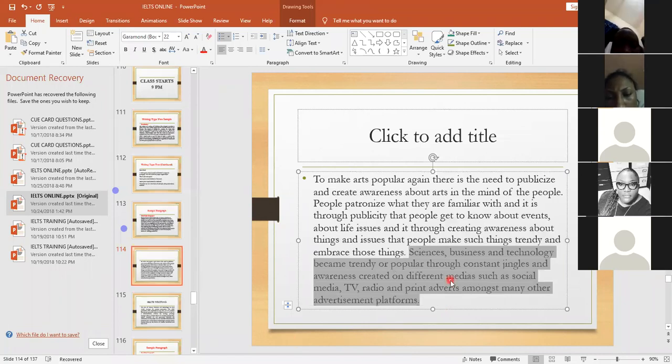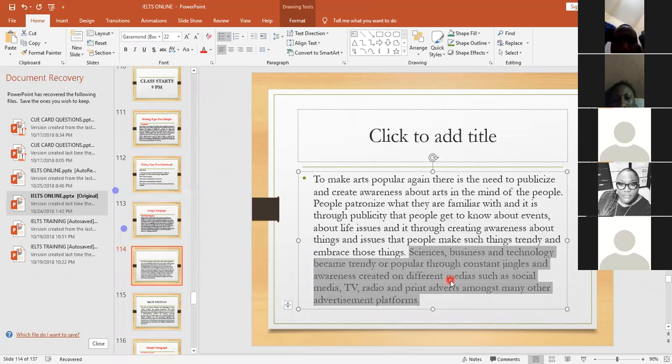I said science, business, and technology were made popular and trendy because of regular adverts, regular jingles, regular awareness created in the minds of the people. That's the best way to write. Every point you have needs to be properly illustrated and, if possible, validated.